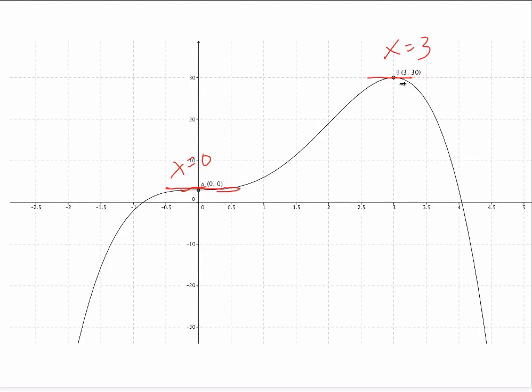As we can see right here, this is a local maximum, and I'm going to write it down. It's a local maximum, as we discussed before. This one's neither a maximum or a minimum, so it's called an inflection point. And we'll talk about that a little bit more later. Okay, so those are the points where the derivative is 0.